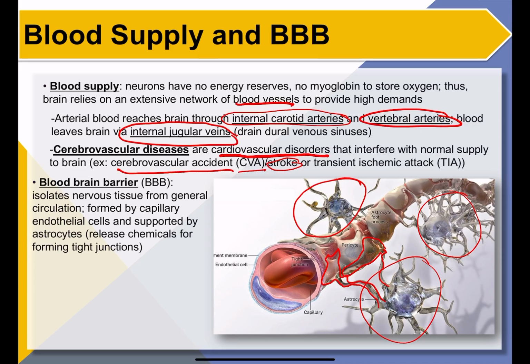Okay, so these are what's called the foot processes of the astrocyte that can cover up the capillary that serves the brain. And what these will do is prevent leakage of materials or even organisms like bacteria that may be harmful from coming in from the circulatory system into the nervous system.